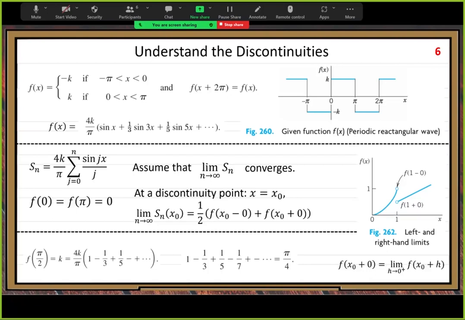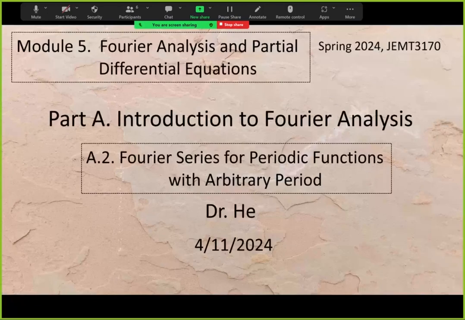So let's look at a few more examples. 8.2: Fourier series for periodic functions with arbitrary period. Why do we always use 2 pi as the period? We know sine and cosine functions have a 2 pi period. But in real-world applications, it's not necessary that you always have 2 pi.